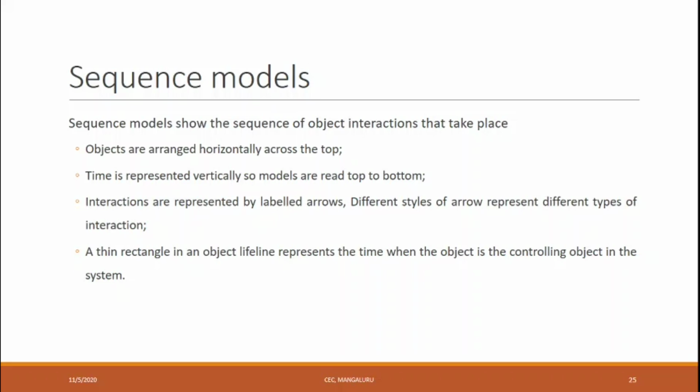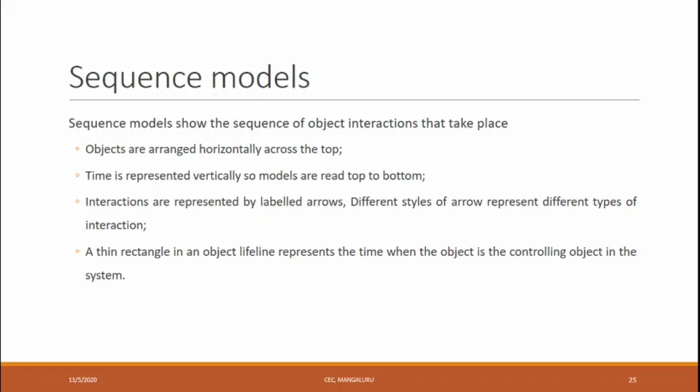Here we have a sequence diagram for the weather station. Some of the concepts are repeated once again in this model, but with different diagrams. Objects are arranged horizontally across the top. Time is represented vertically, so models are read from top to bottom.